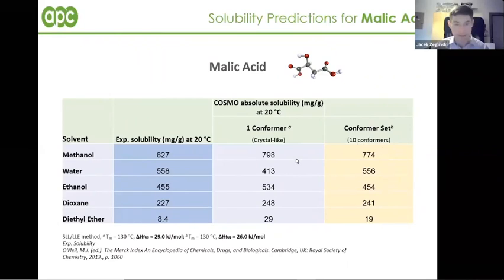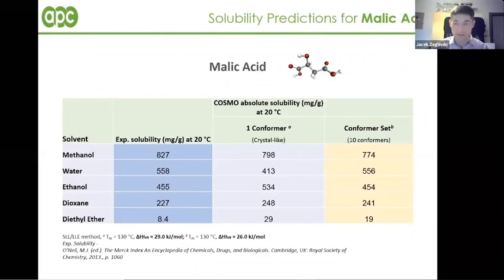And as you can see, the values are quite good, even for the one conformer. They are maybe not perfect, but for us it's already satisfying because we see those differences. From a practical point of view, it's not as important to have absolute values, but to have a ranking of solubilities to choose the better candidate than the others.